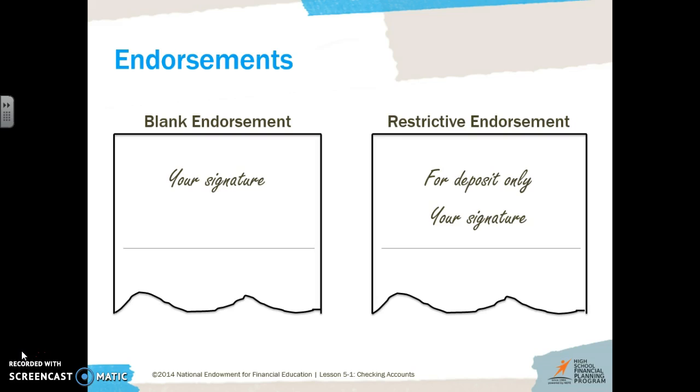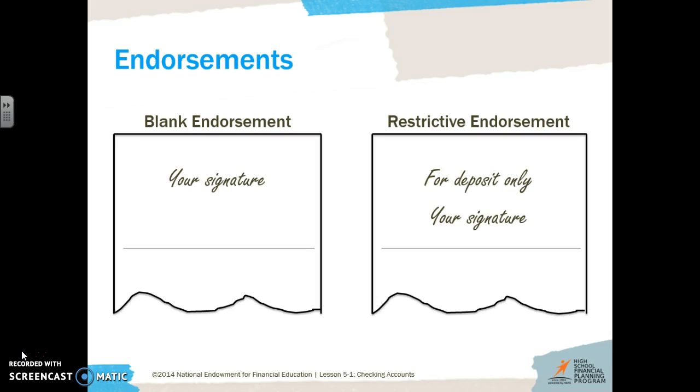When you endorse a check on the back, that is the person who's receiving the check. The person receiving the check has to sign their name to show that they are indeed going to take cash for this. A blank endorsement would just be your signature saying, yes, indeed, bank teller, please give me the amount of money that's been requested on the front.